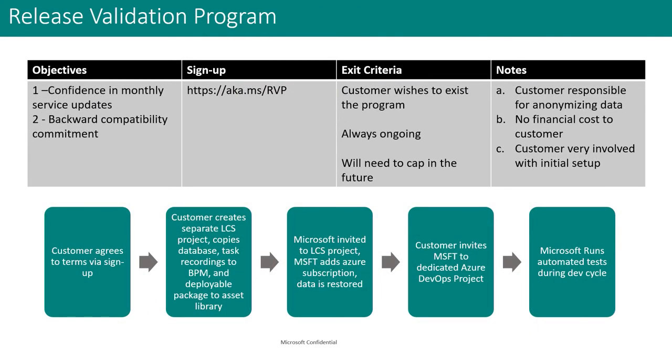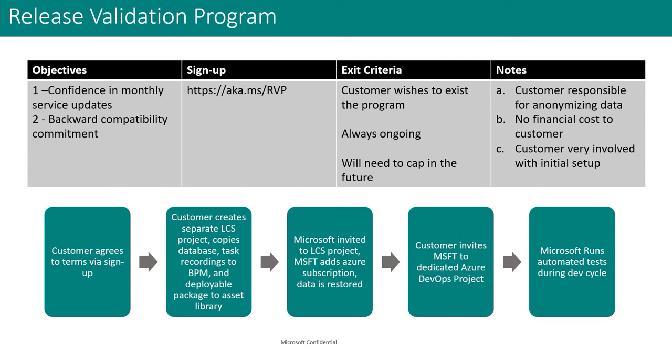The Release Validation Program is a program that's available, again, for all customers, partners, and ISVs. What we do here is we ask for you to give us an environment. The environment that you're giving us is a copy of your data that you need to anonymize. Unfortunately, we don't have tools yet to help you with anonymizing the data, removing any of that personal identifiable information.